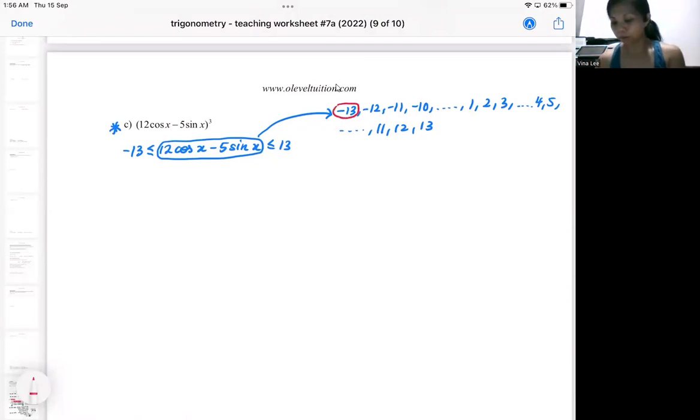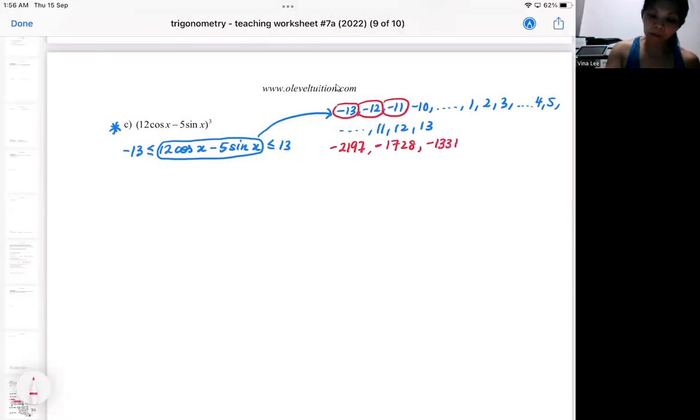If you cube it, you will get negative 2197. So this one, you go and cube it, you will get negative 1728. So go and cube every number. Okay, you can see that you still get a negative number.